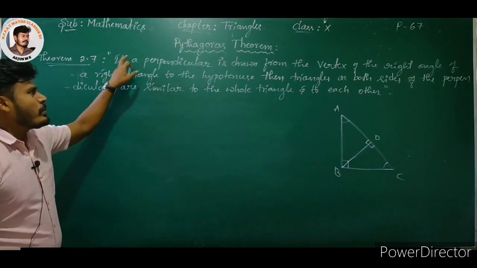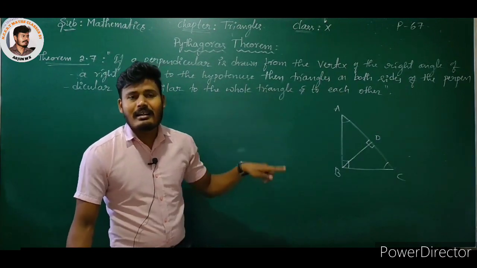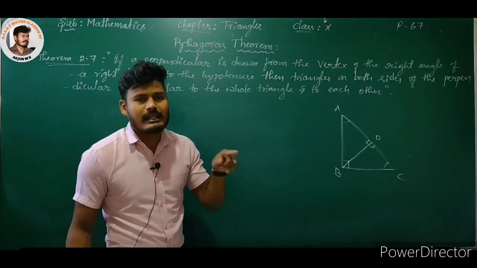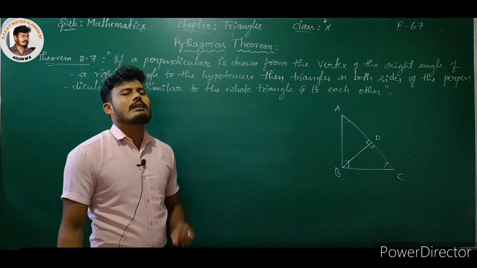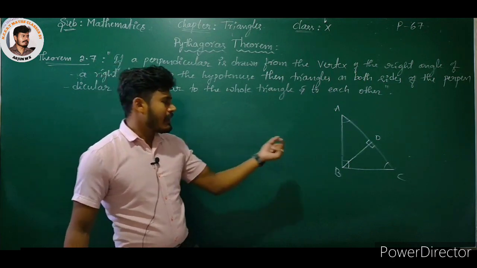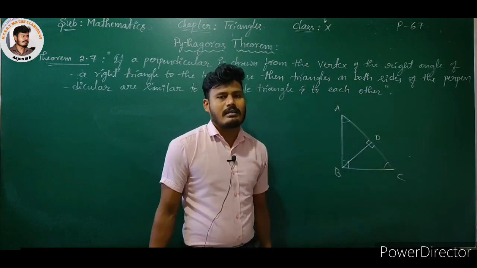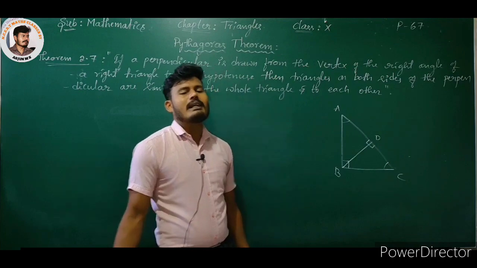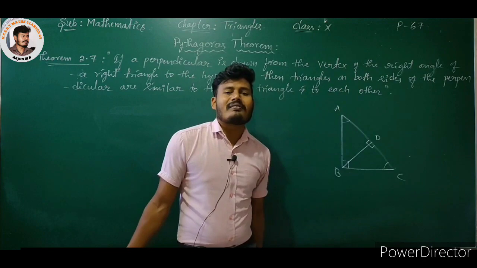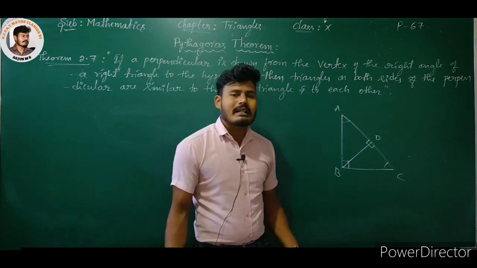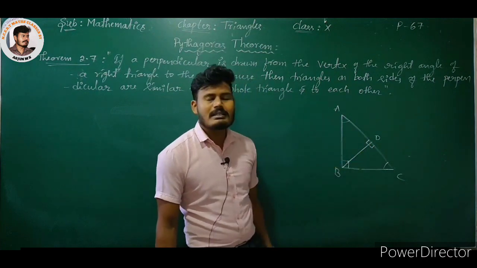Here, if a perpendicular is drawn from the vertex of a right angled triangle to the hypotenuse, that is very important. You must draw the perpendicular from the right angle of a right angled triangle to the hypotenuse of that triangle. So BD is the perpendicular. Then the triangles on both sides of the perpendicular: this one is one triangle and ADB is another triangle.